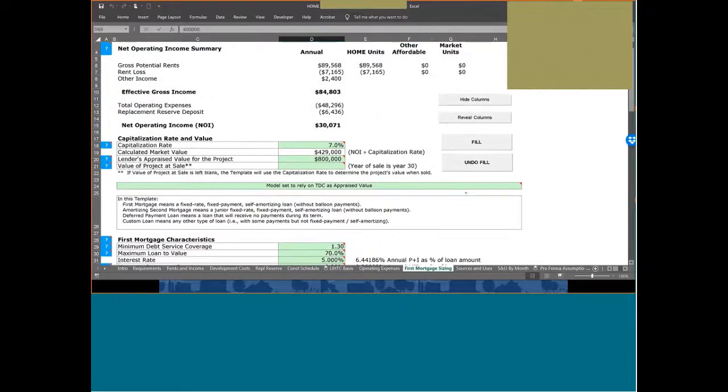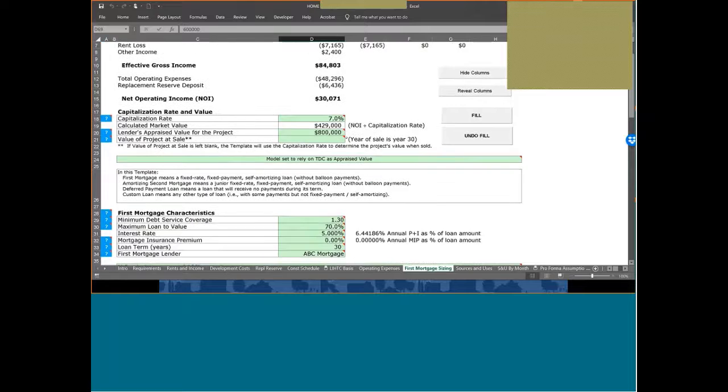Okay. So in first mortgage sizing, typically a lender is going to loan the lesser of the loan by LTV, or loan to value, or the amount that can be supported by the net operating income of the property, which is the rents minus expenses minus reserve deposits.